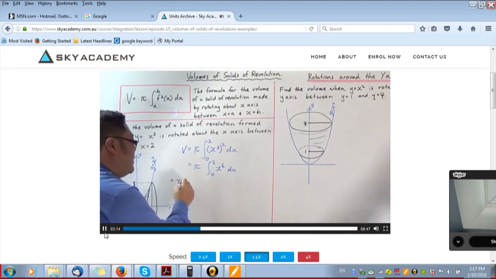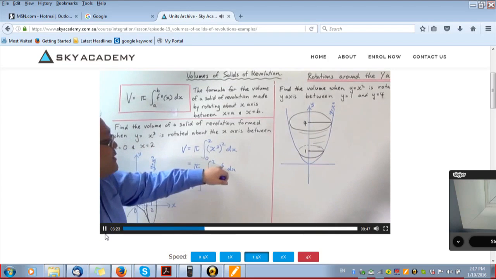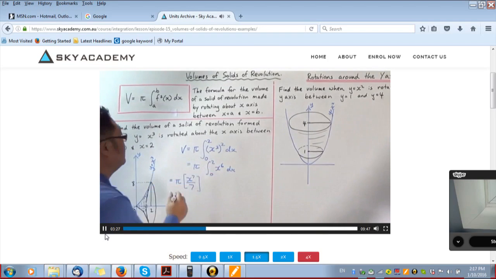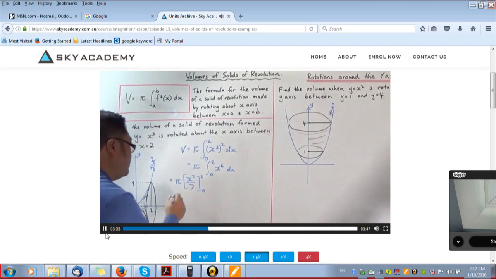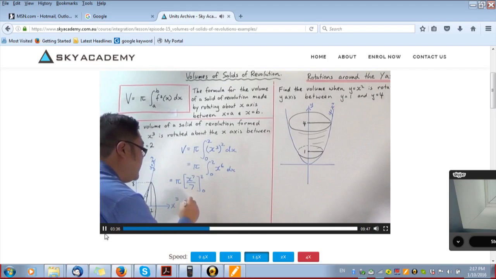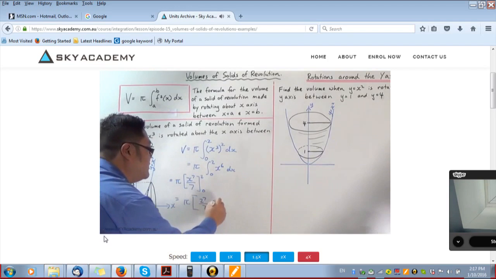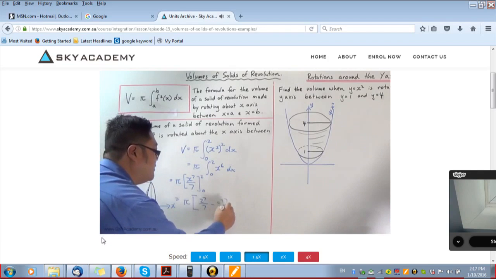Which gives us pi lots of x to the power of 7 on 7 when we integrate it. So when we integrate x to the power of 6, we get x to the power of 7 on 7, right? Between 2 and 0. Does that make sense? That's going to give us pi lots of 2 to the power of 7 over 7 minus 0 to the power of 7 over 7.